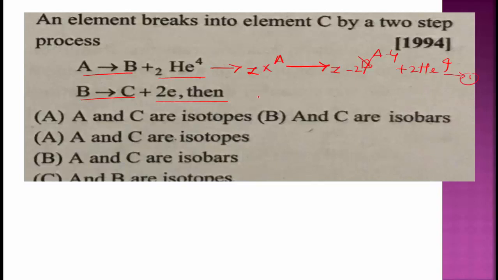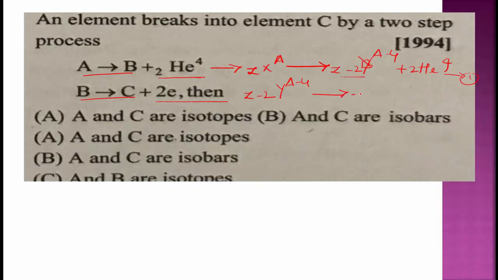Again the element B breaks into C by the following process. Here Z minus 2, Y, A minus 4 is the initial nucleus.